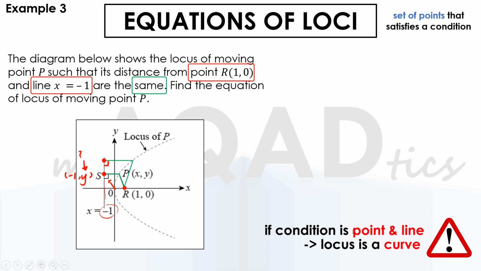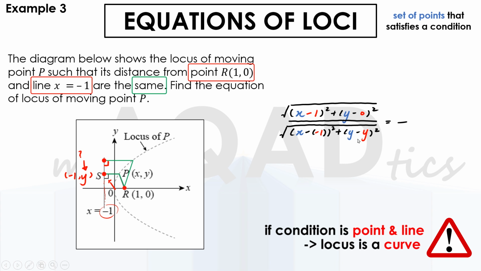Now let's substitute all the information that we have into the formula. Assuming that R is the first fixed point, so x minus the x coordinate, which is 1, and y minus the y coordinate, which is 0, square them, add them together, and square root. Then for the denominator, we put the coordinates of the second fixed point, which is -1 and y, and then square root.